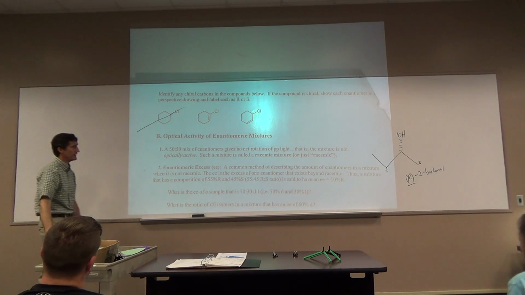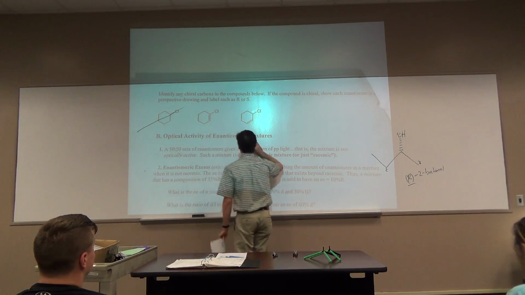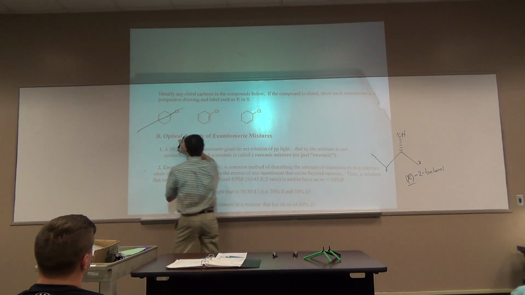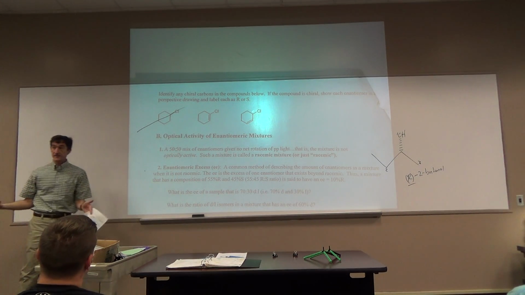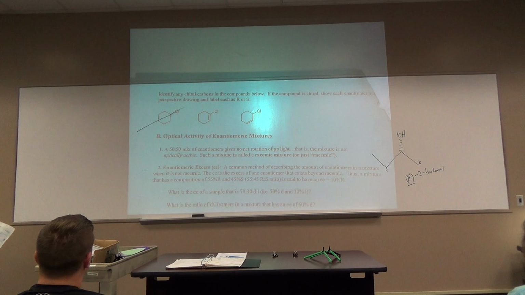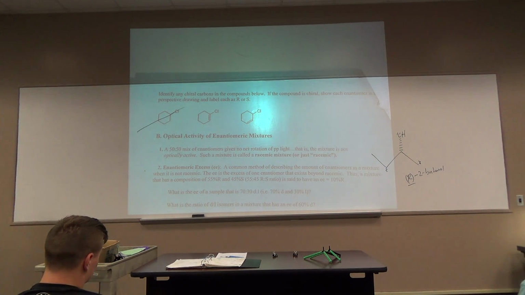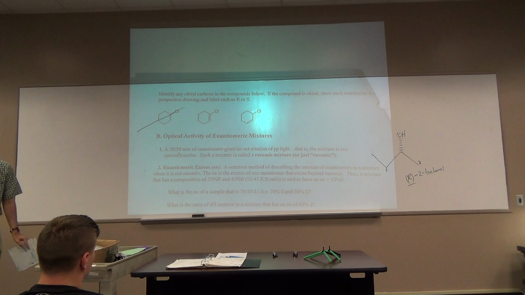It's because it's planar. So optical activity is the idea of the compound rotating plane-polarized light, and to what extent it rotates. A chiral carbon is tetrahedral, so an sp2 carbon is not going to be chiral, because an sp2 carbon is planar.